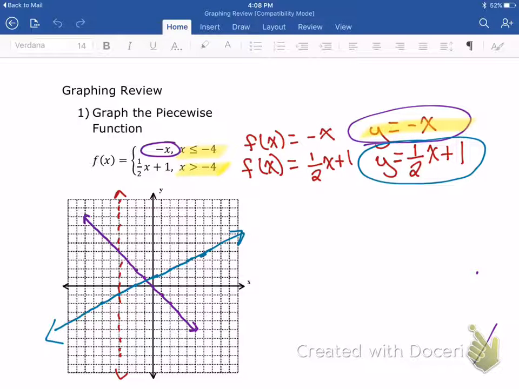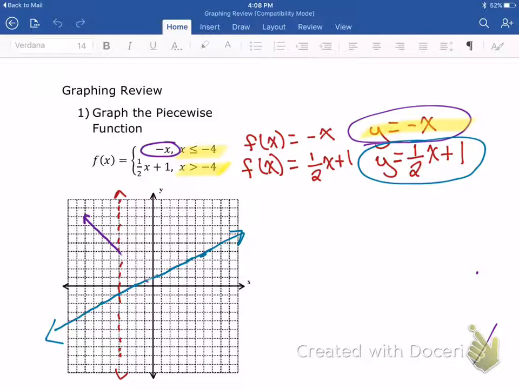So my purple line, anything where x is greater than -4, I'm going to erase. So all of this down here gets erased, as well as this area right here. And the reason I've done that is because my piecewise function is only talking about f of x equals negative x when x is less than or equal to negative 4.